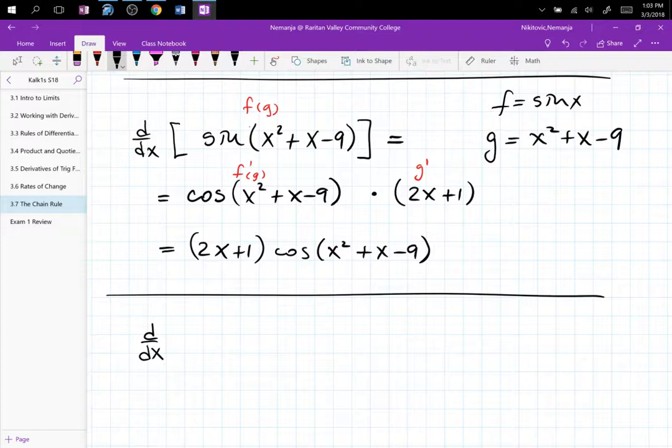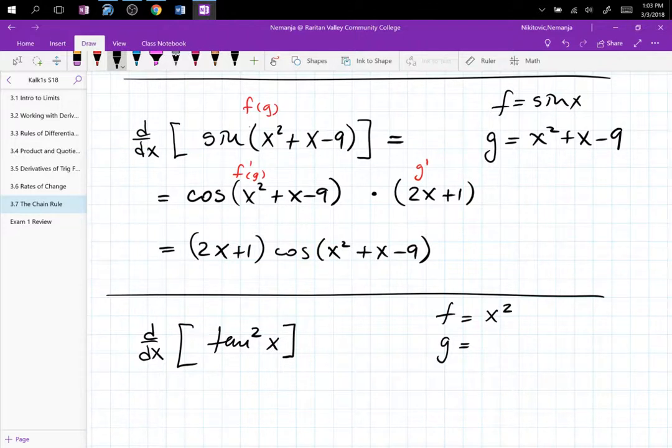The derivative of what? Let's go derivative of tangent squared x. What's f, what's g? Very good. And g is?